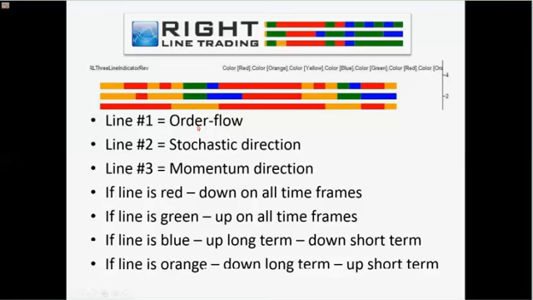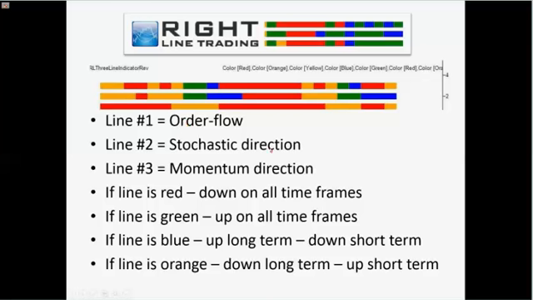Now, order flow is relatively new, and it's the number of executed buys or executed sells that take place at any given level. And for us, it's at any given tick level. Stochastic is very, very commonly used, and momentum is a very important indicator. It's a MACD.